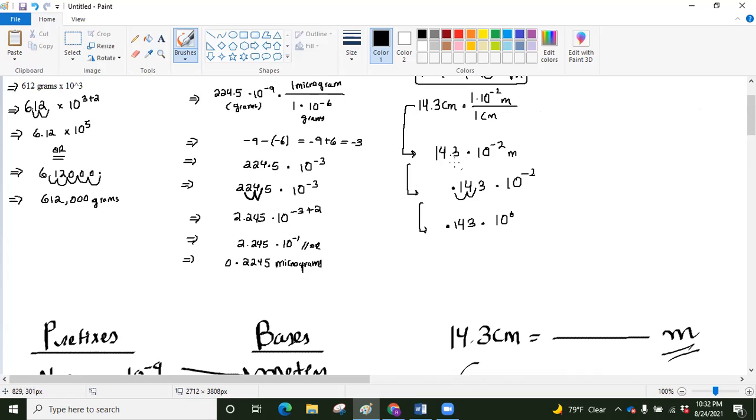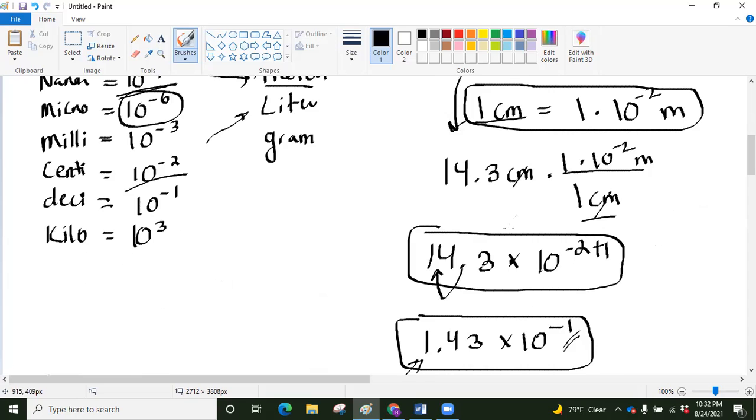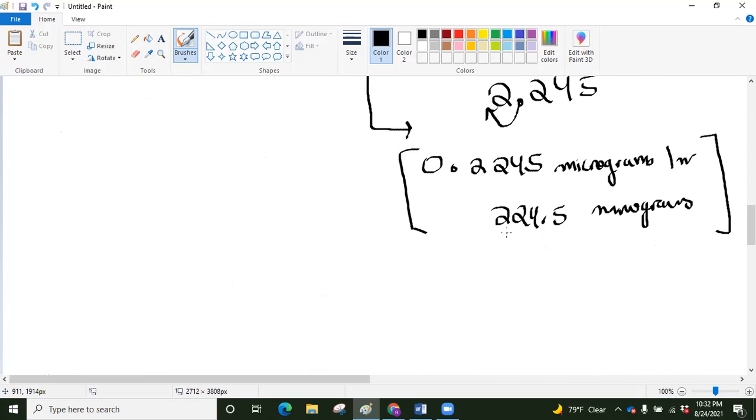And so it seems as though in our answer here, we had 14.3 times 10 to the negative 2. And we moved it 1 to the left. We should have added 1, right? And that would have made it a negative 1. And then everything should have played out as it played out here.